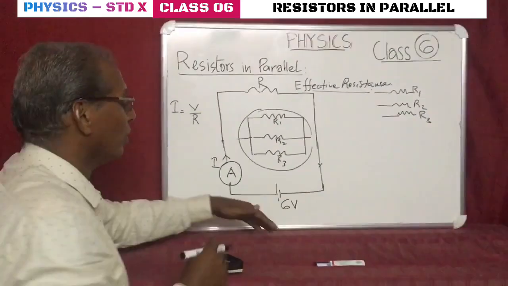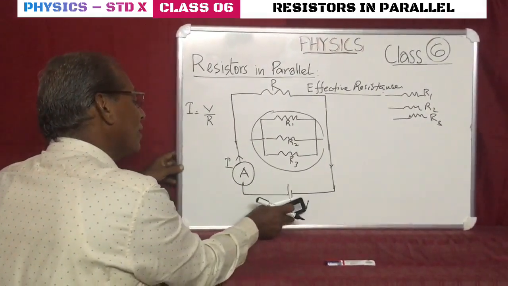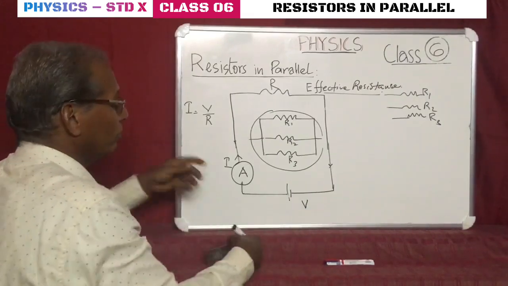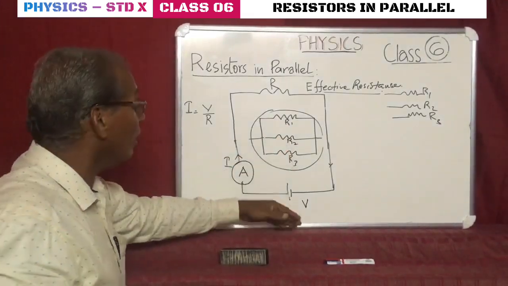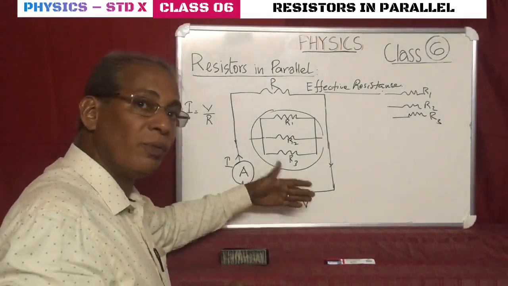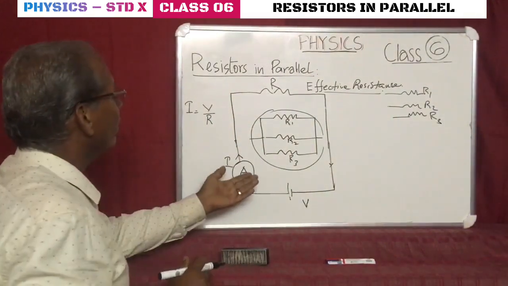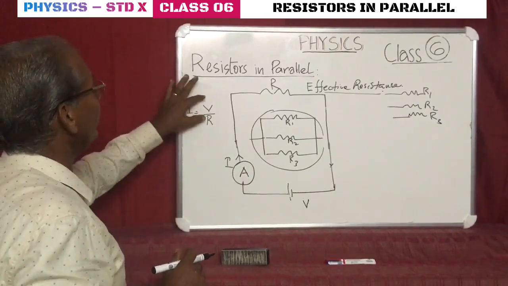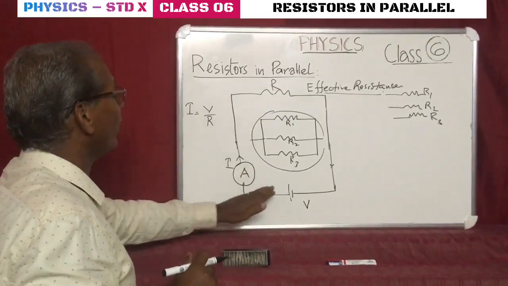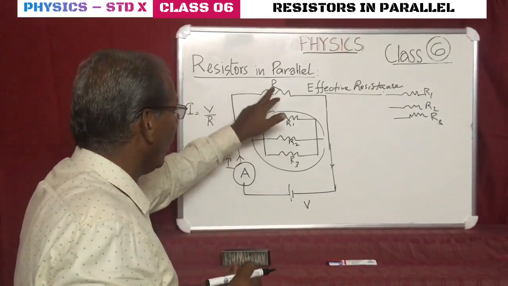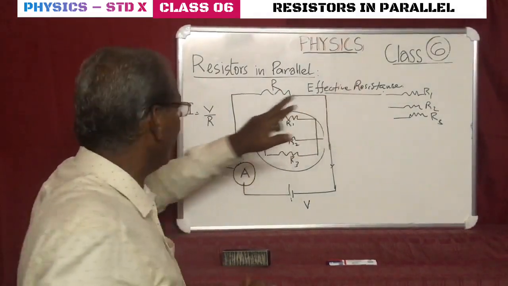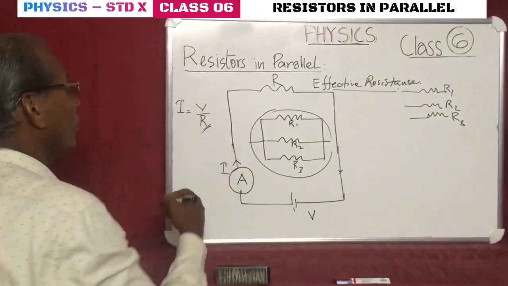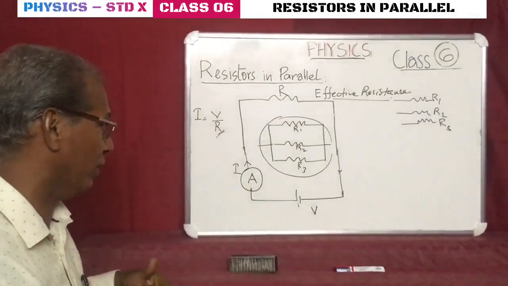Leave 6 volt, any volt we can have, a general value V. We will not give any value here because R1, R2, R3 we take general. So voltage also we take general, V. Here current I. So V by R is the current flowing in the circuit if these 3 resistors are replaced by our effective resistance. We are going to calculate that effective resistance.